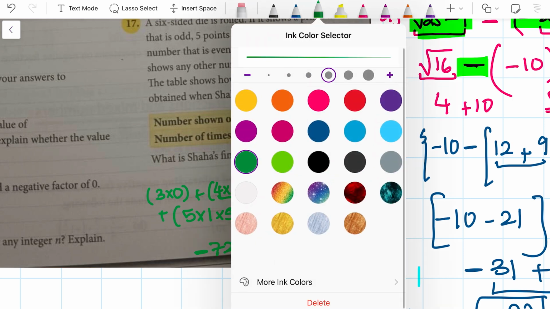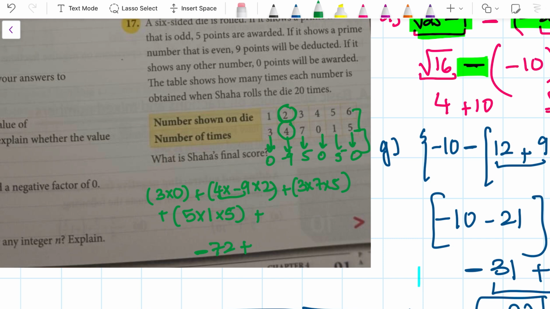Plus, using another colored pen because this is not showing up on the screen. Minus 72 plus 315 into 7 is a 105 plus 25. Minus 72 plus 105 plus 25 gives you a 58, so 58 points is my total answer.